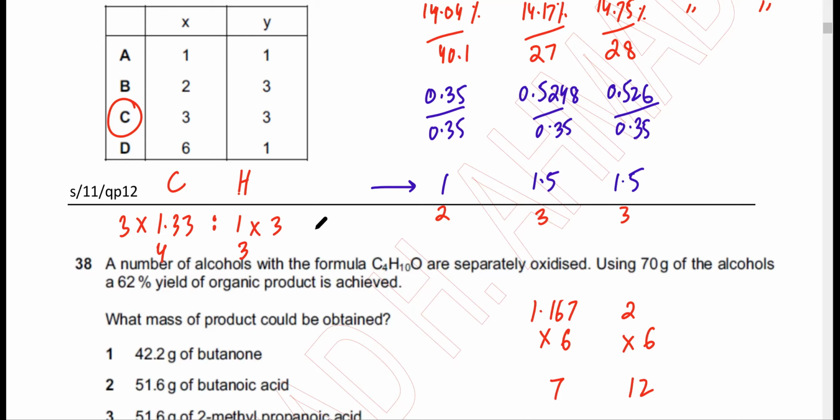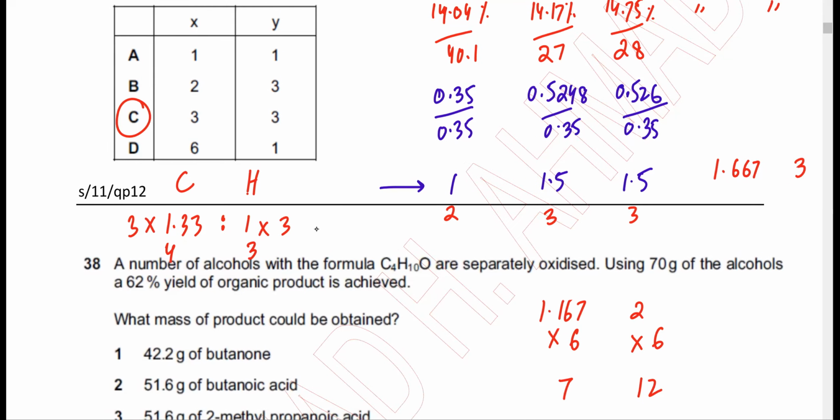And I'll do just one more. 1.667, and let's say 3. You got this ratio at the end. What is the whole number ratio? What do I multiply both values with? I don't care about this one, because you multiply this with anything, it's always a whole number. What do I multiply 1.667 with to get a whole number?